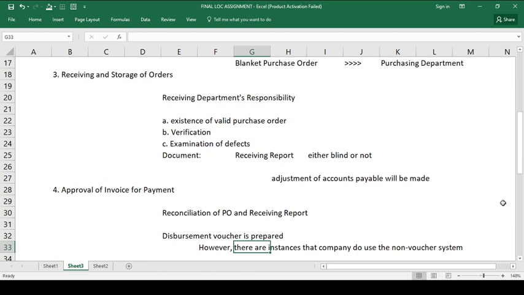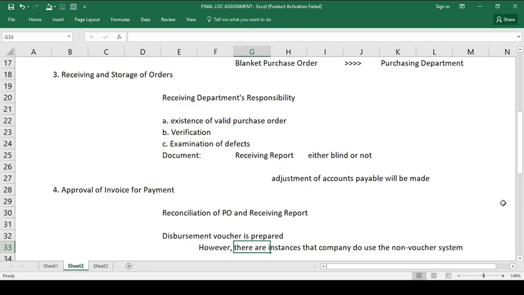What is the cost of the difference? What is the cost of the difference? So for example, when you have the purchase order and the receiving report, you need to determine the reasons why there was an excess or a shortage in what was delivered, based on the records that you have.